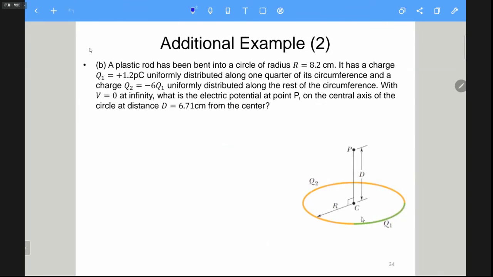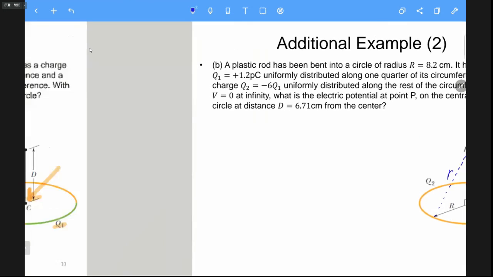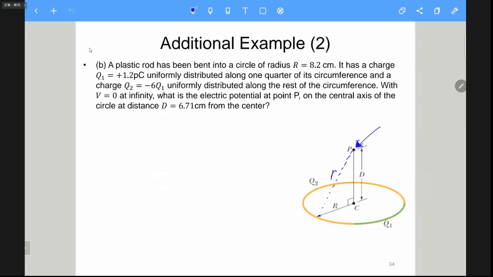So for question B, rather than asking you for the point C, it asks you the electric potential at point P. So here, what we would like to find is this R, this small R. This small R is actually the square root of R square plus D square, by the Pythagorean theorem.